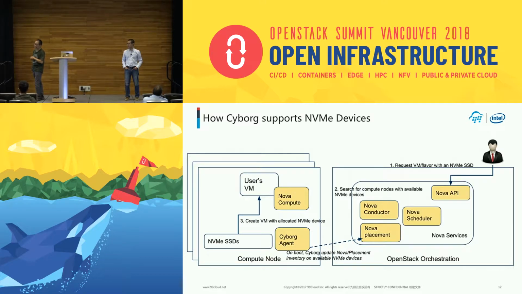And the Cyborg agent can do the attach or some refresh or upgrading operations against the devices. And finally, the user can get a virtual machine with the requested hardware attached. For the current design, it's specific to the NVMe devices.